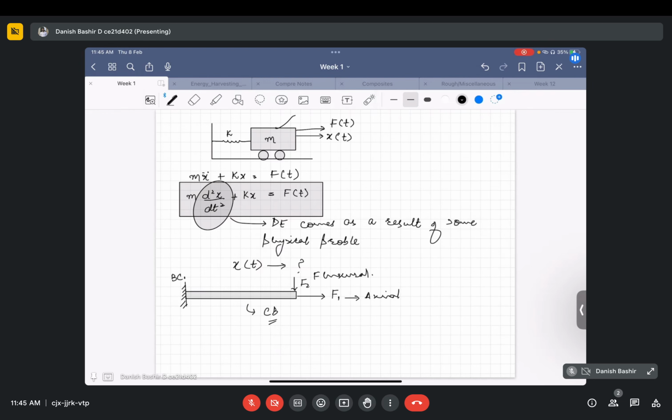But in practical scenarios, this problem never exists like this. We will have the same cantilever beam, but it will not have a shape like this. It will be like this: the first section will be like this, then maybe it is tapered like this, maybe it has some overhang like this, another part like this.